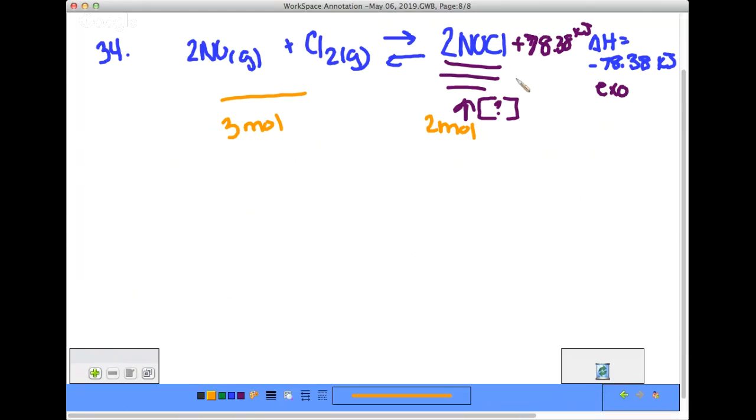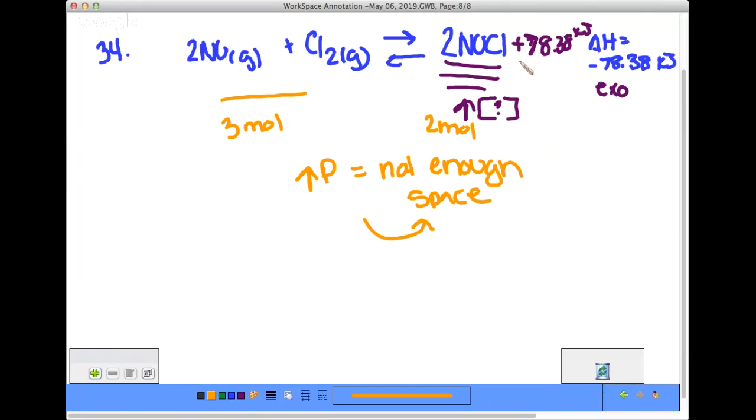So if we want to favor the forward reaction, we need to have a high pressure. So high pressure, which equals not enough space, is going to favor the side with fewer molecules. It's going to favor the forward reaction because it has fewer molecules.